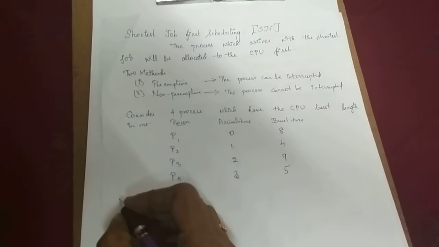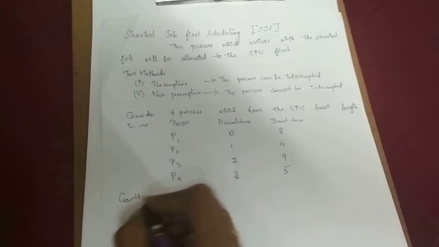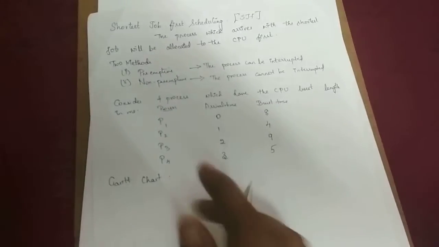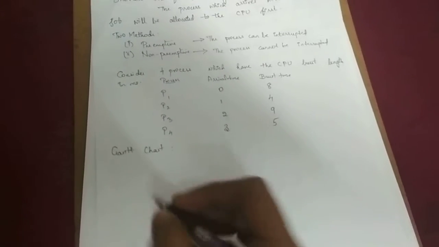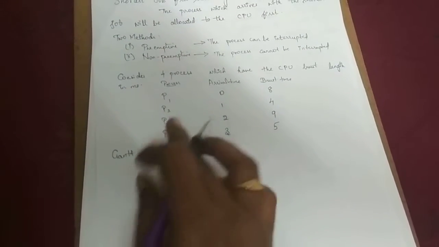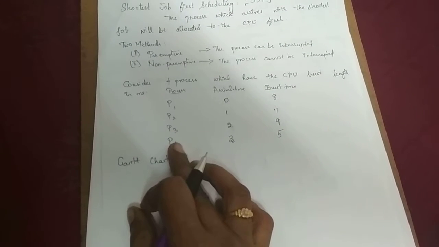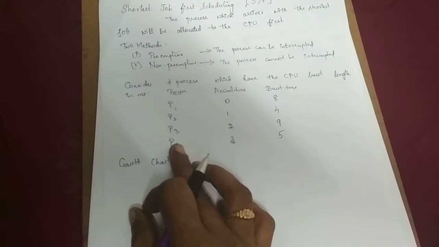So now we are going to draw the Gantt chart. With the Gantt chart, first the process which has the shortest burst time, that is the shortest job, will be executed first.